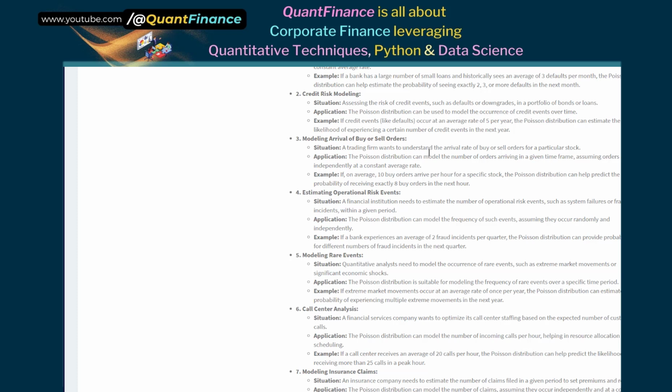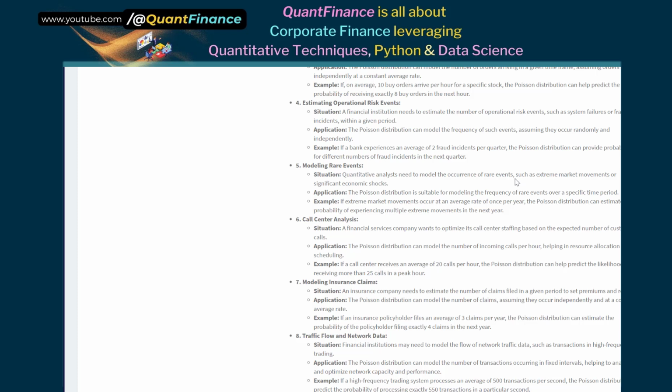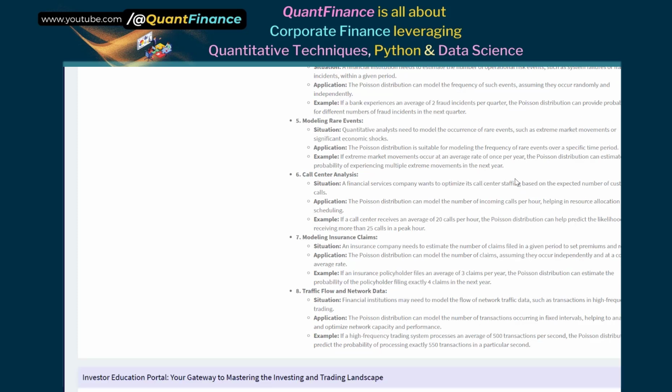Similarly, every business receives buy and sell orders. Suppose 10 buy orders, meaning purchase orders, arrive per hour for a specific stock, maybe with a stockbroker. Then Poisson distribution can help predict the probability of receiving, say, 8 purchase orders in the next 1 hour. Nowadays we know that there is a lot of high frequency trading happening.